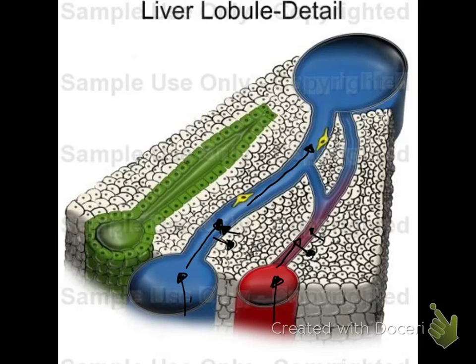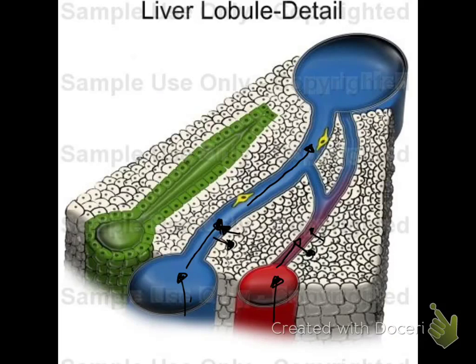Okay? So each of these hepatic arterioles, let's say, will drain its deoxygenated blood after the exchange happened to something we call the sinusoid, and the same goes for the portal vein.